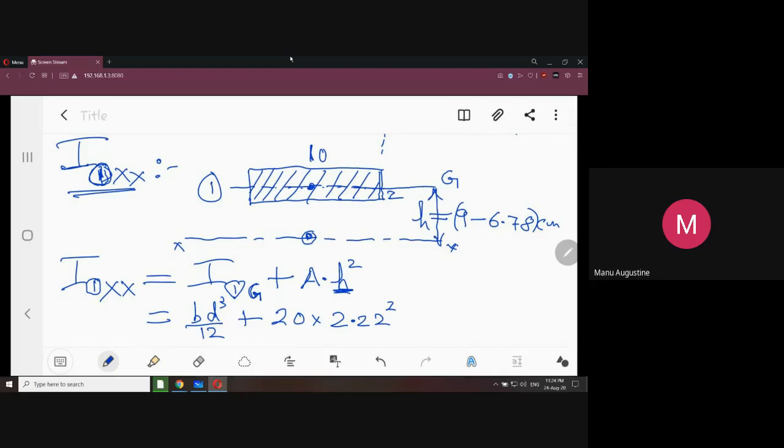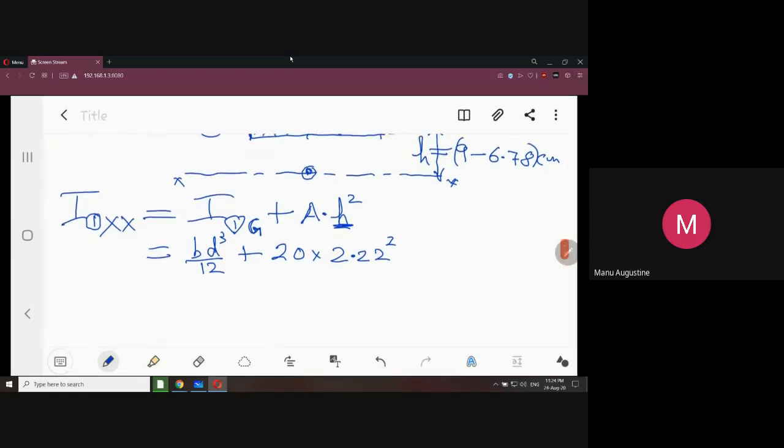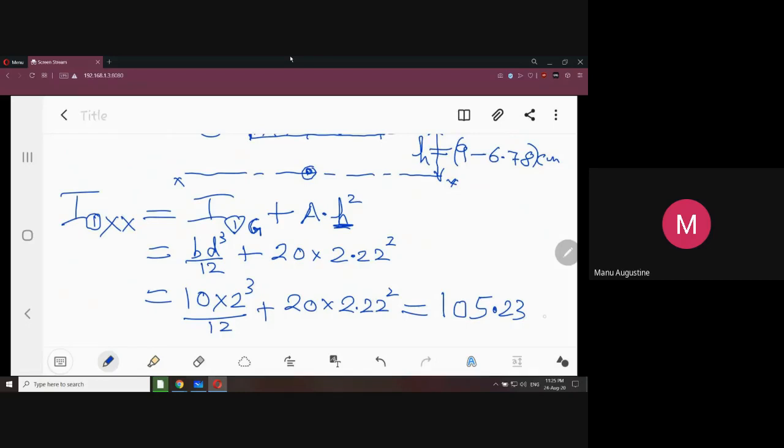Now, look at the rectangle and tell me which side will be selected as B and which side will be selected as D. If you are correct, your answer should be the side 2 will be cubed because side 2 is the one which is being cut by the centroidal axis G. So BD cube by 12 actually becomes equal to 10 into 2 cube by 12 plus the remaining things we will add here, and this I1XX should come out approximately equal to 105.23, and the unit is centimeter raised to power 4.